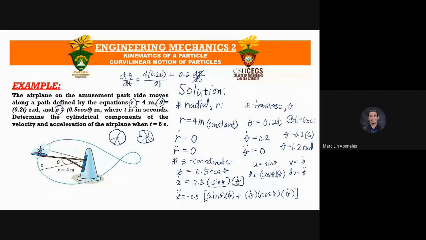So, pag simplify ana, hindi natin ibutang sa kilid. That would be negative 0.5 sine theta theta double dot minus 0.5, distribute mo negative 0.5 cosine theta theta dot squared.